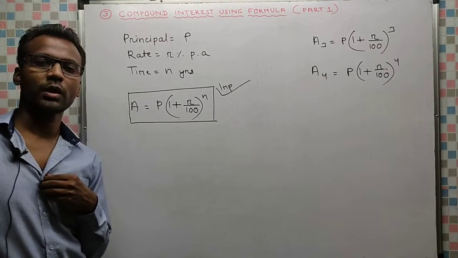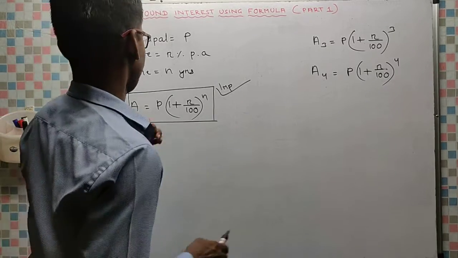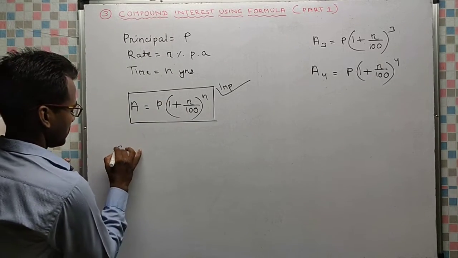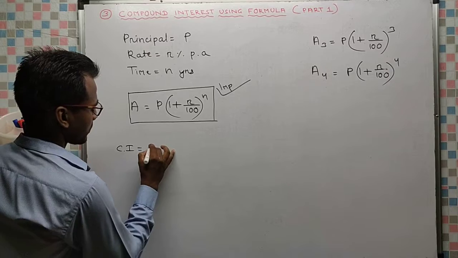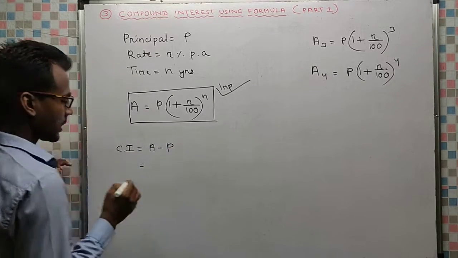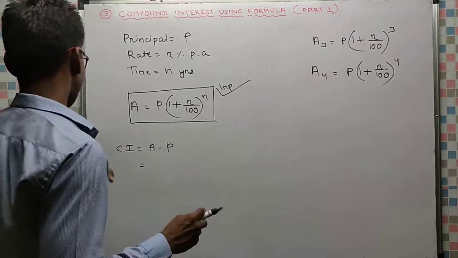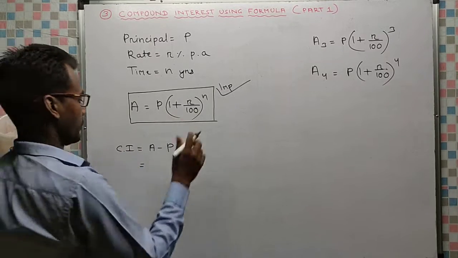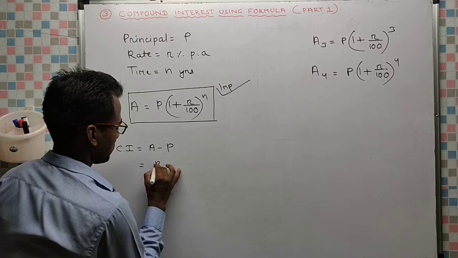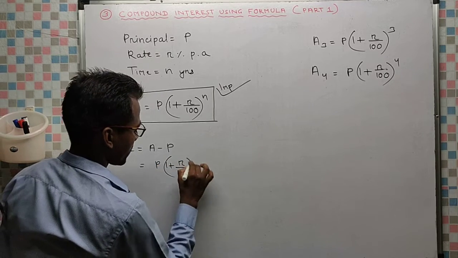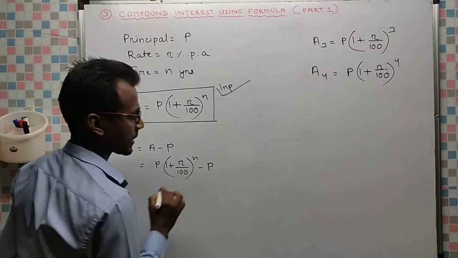Then we can have formula for compound interest. CI is equal to A minus P, amount minus principal. What is amount? This is the amount. So P into 1 plus R by 100 power n minus P.